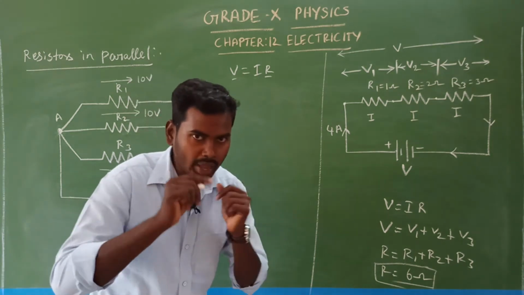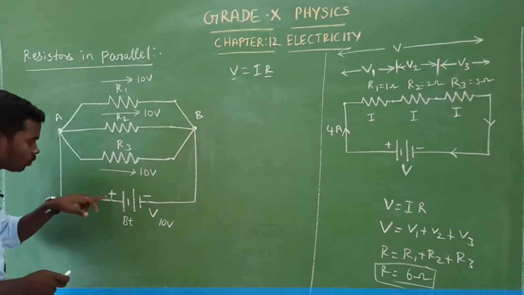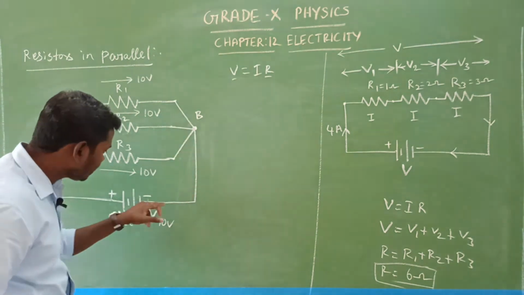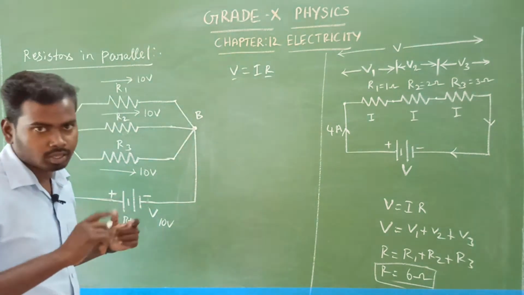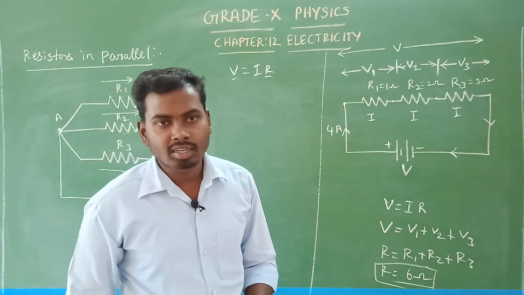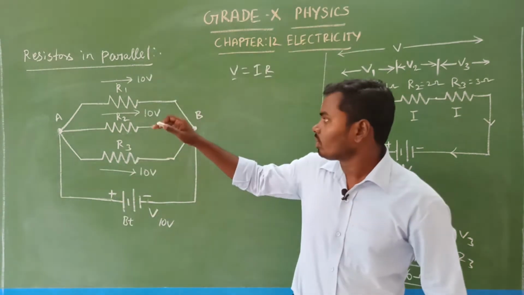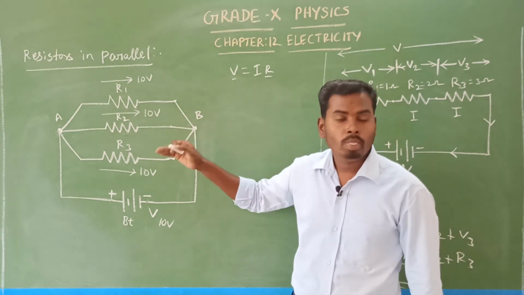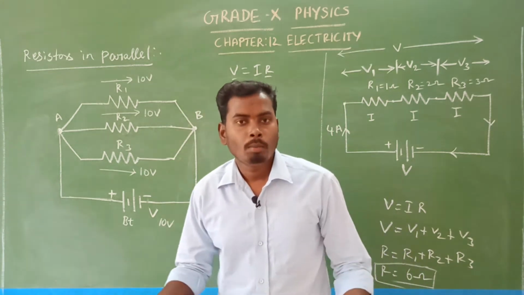Because look here, one end of all the resistors is directly connected to the positive terminal of the battery, and the other end of all the resistors is directly connected to the negative terminal of the battery. The battery is used to produce a potential difference. So all the resistors are directly connected to the two terminals of the battery, due to which, whenever resistors are connected in parallel, each resistor will have the same amount of potential difference.